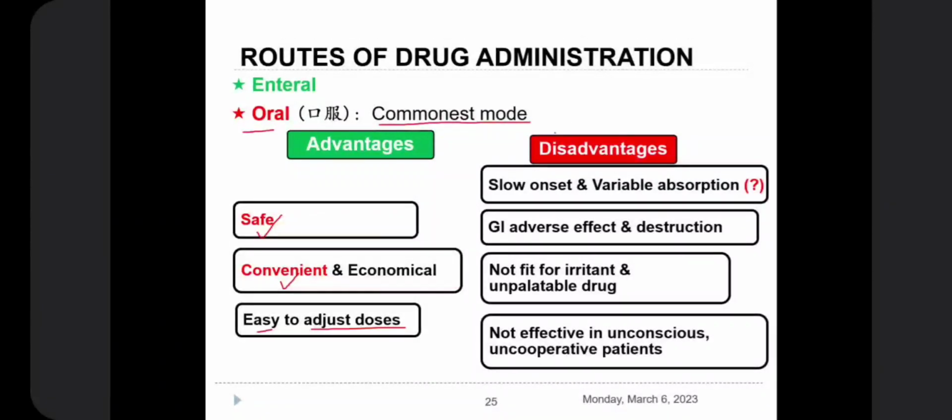See here. First, oral administration has slow onset and variable absorption. Because the drug enters the body by oral administration, it will pass the stomach, pass to the intestine and to the liver, and finally enter into the circulation.